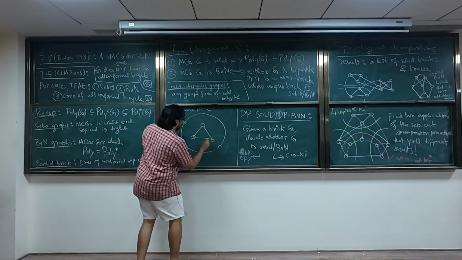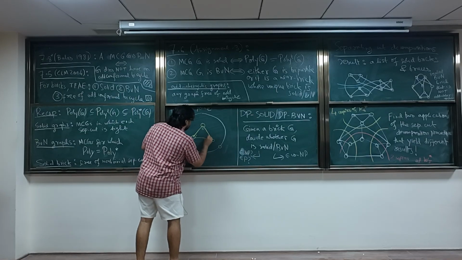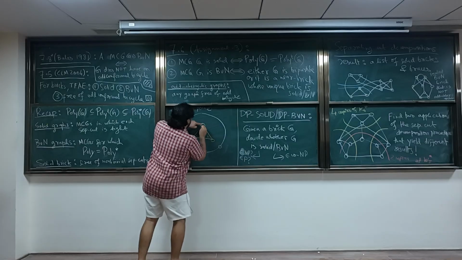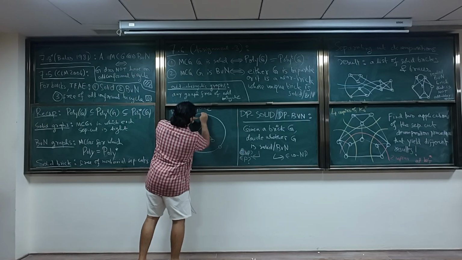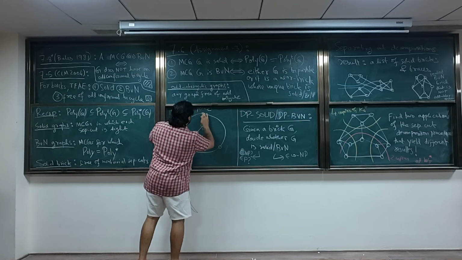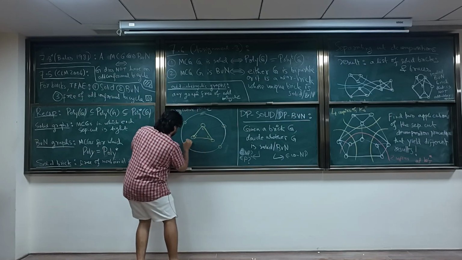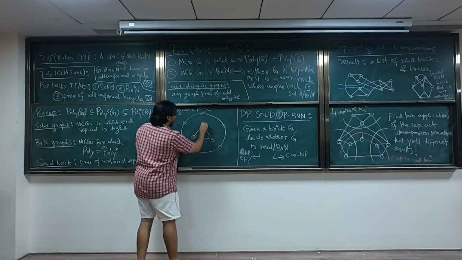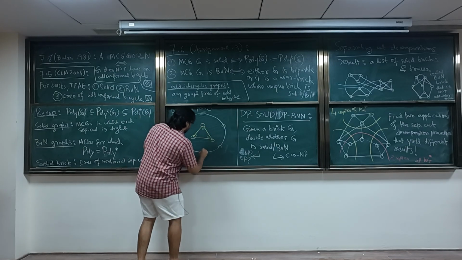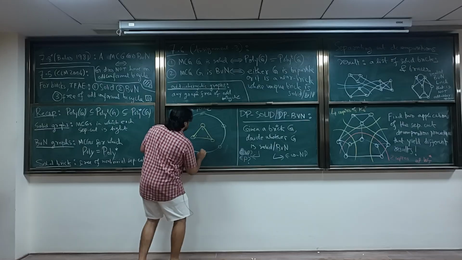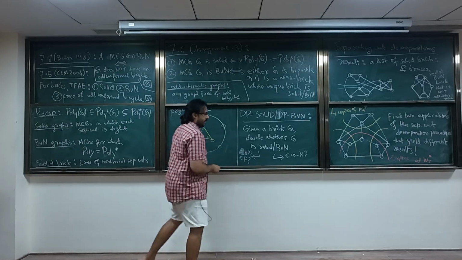These are the same vertices. This is 0, this is 1, this is 2. I'll put one vertex here, which is the same as this fellow. I'll put one vertex here, which is the same as this fellow.